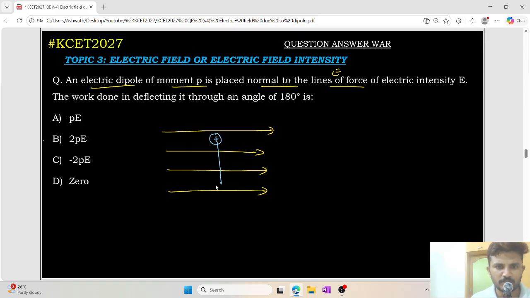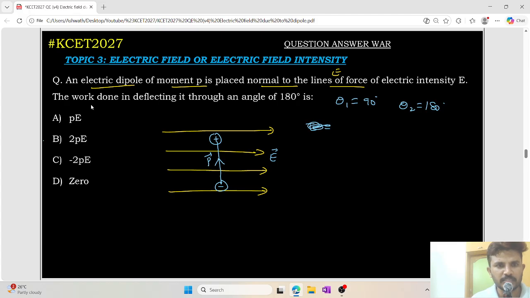Here we have positive charge, here we have negative charge. Dipole moment will be upward and electric field is like this. They're asking us the work done in rotating or deflecting it through an angle 180 degree. The dipole moment is already placed normal to the electric field, so theta 1 is 90 degree, and theta 2 will be 180 degree.